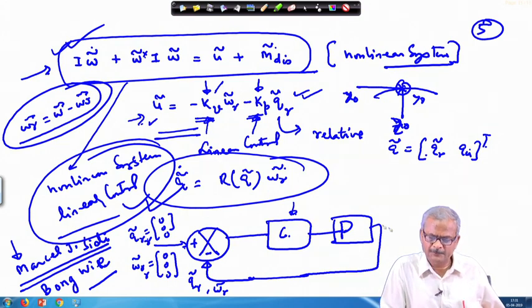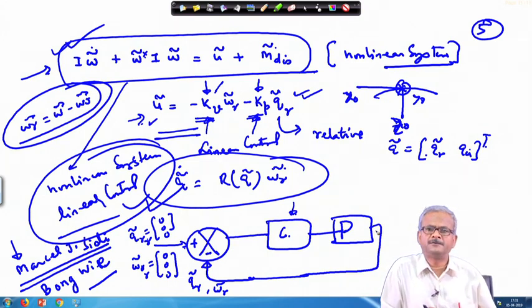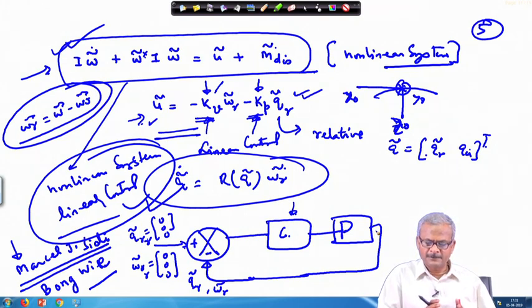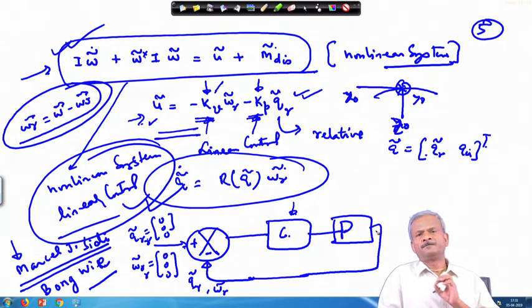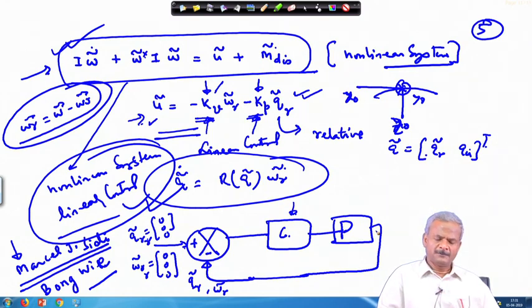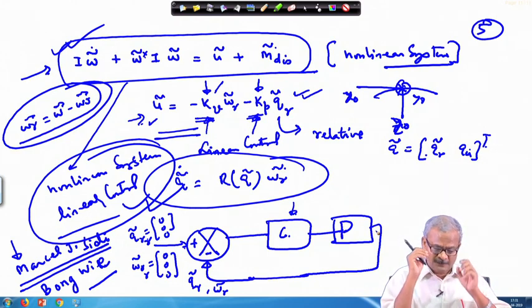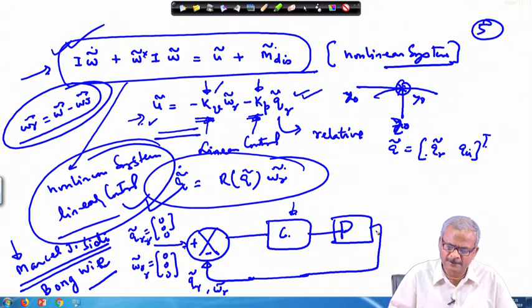So, you will find the corresponding control design. I have provided you the basic techniques, thoroughly discussed the dynamics and also given you the idea how to go about doing the controls, but the actual control implementation can be done only on the computer. Okay. So, please do some exercise so that you get to know that.